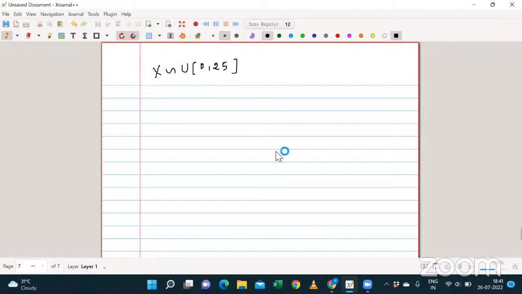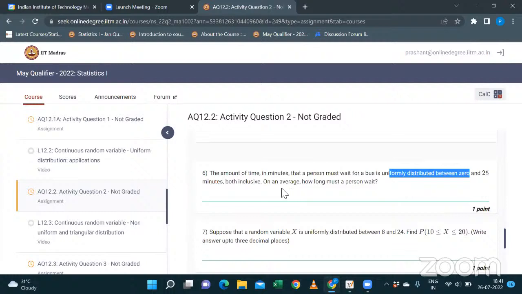Now, on an average, how long must a person wait? What is the question asking? It means what will be the average time the person must wait, right?